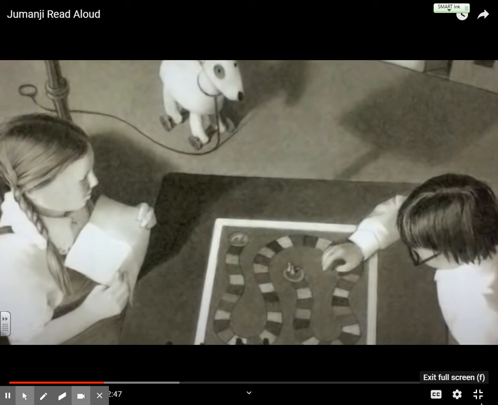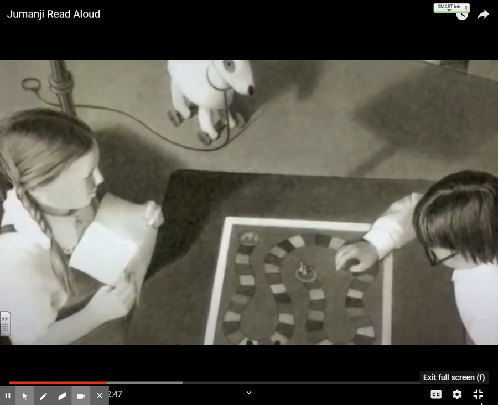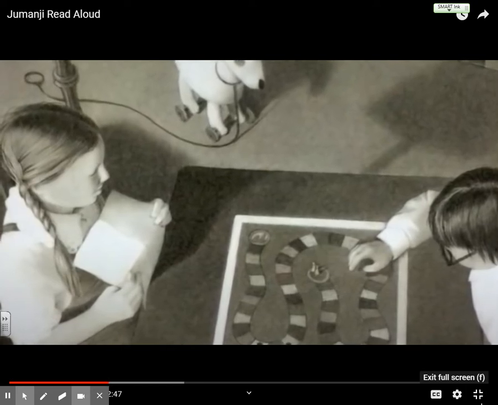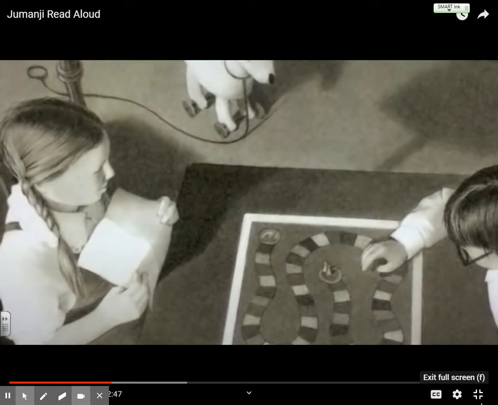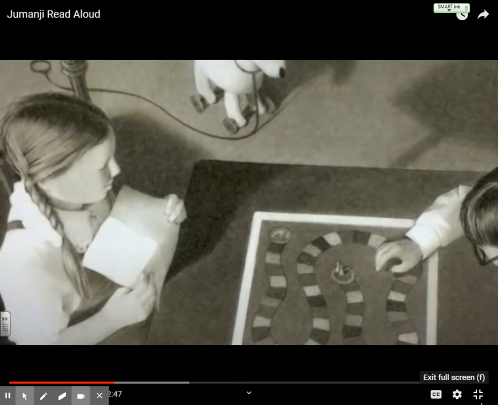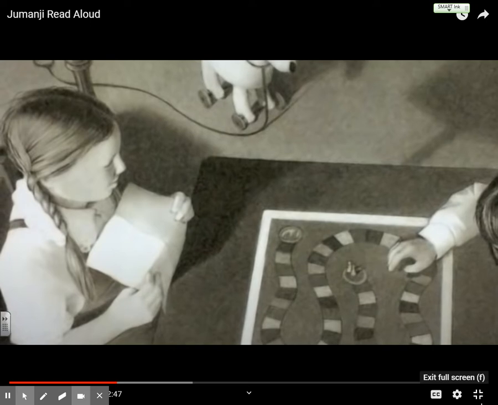Put those down and listen, said Judy. I'm going to read the instructions. Jumanji, a young people's jungle adventure especially designed for the bored and restless. A. Player selects piece and places it in deepest jungle. B. Player rolls dice and moves piece along path through the dangers of the jungle.